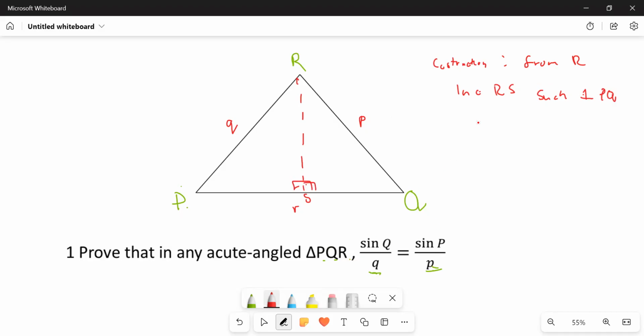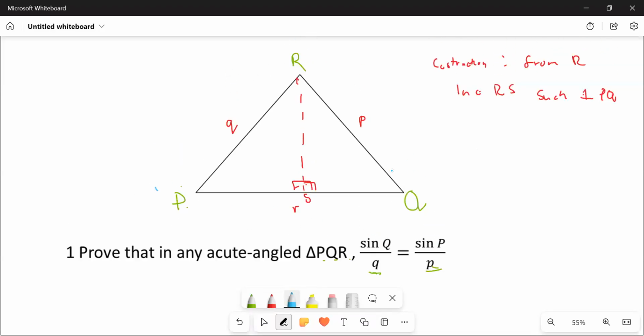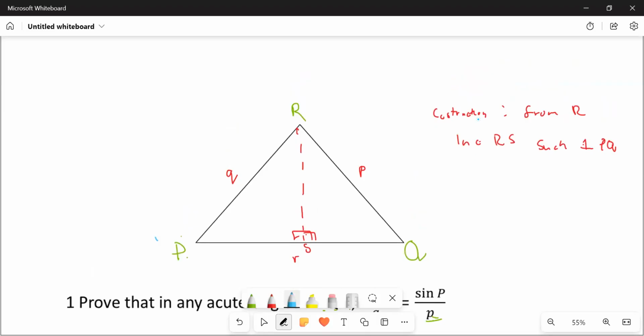What is the next thing that we're going to do after our construction? The next thing is to identify right angle triangles. We are going to take out the right angle triangles that you see. We see RSP, so we can take out this one as a right angle triangle.